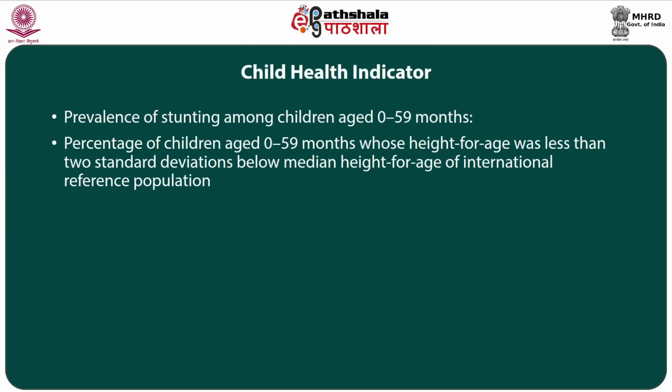Coming to the child nutrition indicator, prevalence of stunting among children aged 0 to 59 months. The indicator is the percentage of children aged 0 to 59 months whose height for age was less than 2 standard deviations below the median height for age of the international reference population.